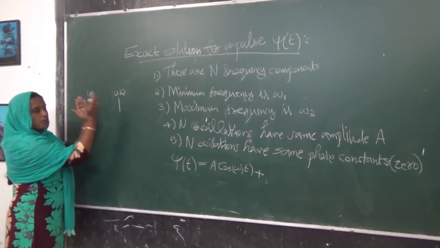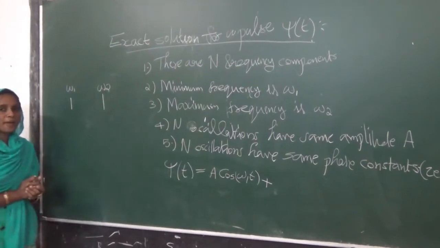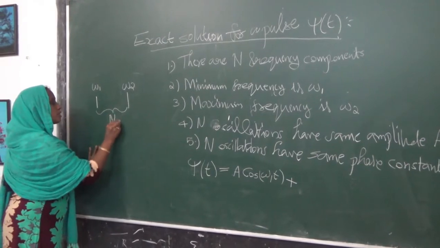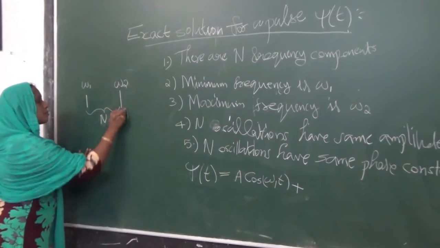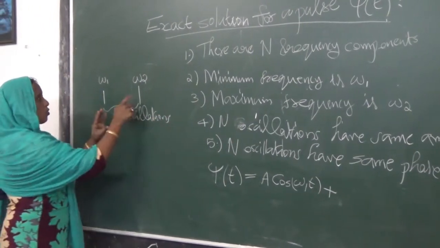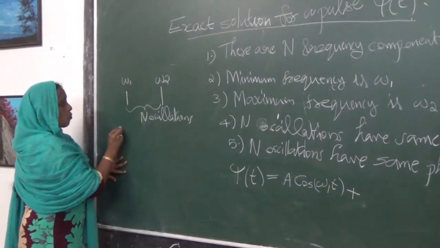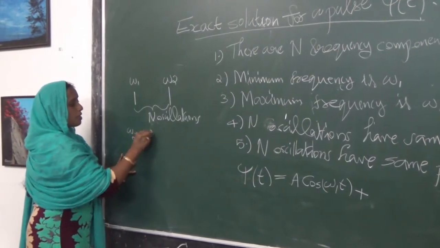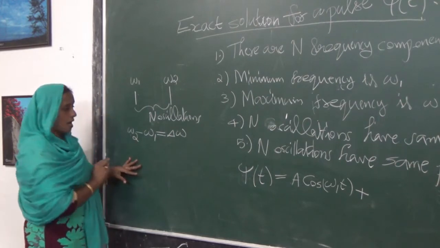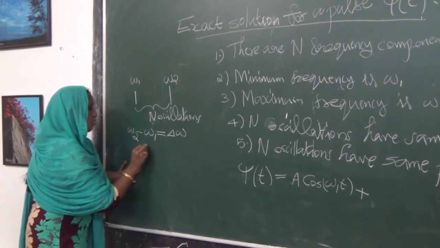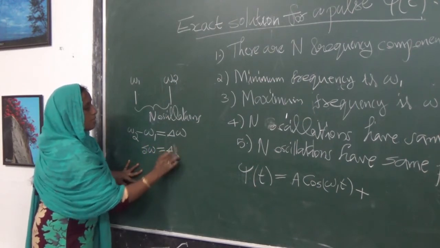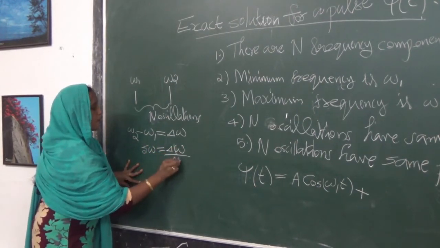In between, we have to distribute n oscillations. So this difference omega 2 minus omega 1 is equal to delta omega, and delta omega is equal to omega 2 minus omega 1 divided by n minus 1.